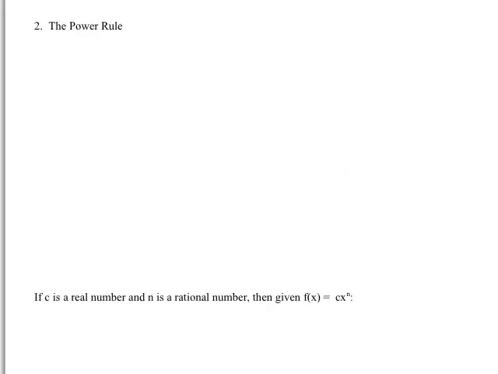The power rule is a tiny bit more complicated to derive. Once we come up with the rule, it's pretty handy. We're going to start with a function that has a coefficient, and my variable is x, so it's c times x, and x is raised to the nth power.